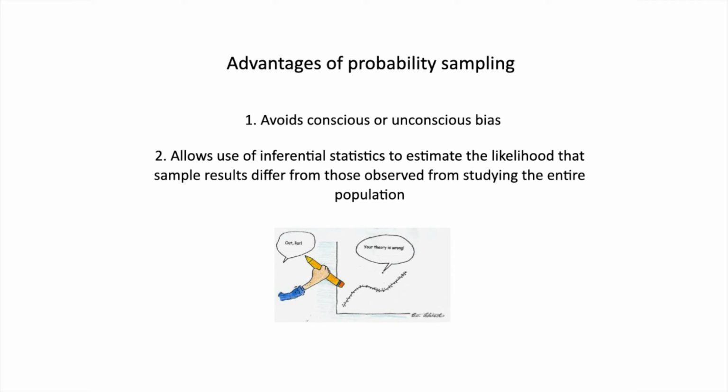We know that we want to do this, right? The other thing that probability samples give us, or these random samples give us, is that we can use inferential statistics. And so this is like, we need a random sample if we're going to use something like chi-square to generalize from the sample to the population that the sample came from, right? So in order for us to be able to use those statistics, we have to have a random sample.